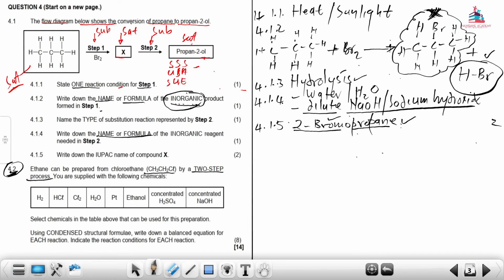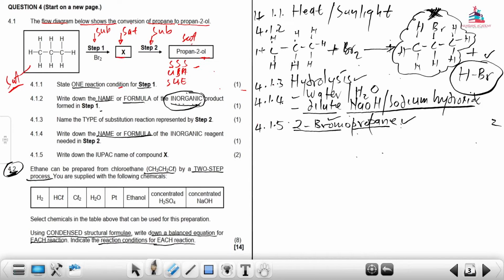So the question is, select the chemicals in the above table that can be used for this preparation. Use the condensed structural formula, very key. Write down the balanced equation for each reaction and indicate the reaction conditions for each reaction. So for the whole question, 8 marks.